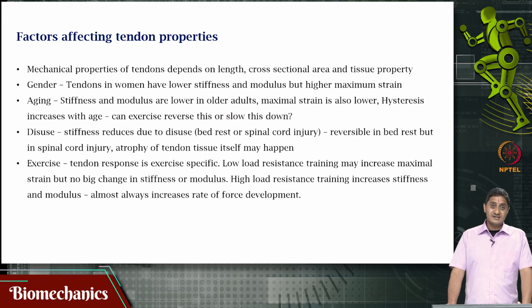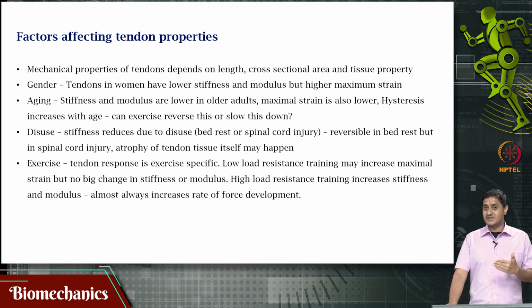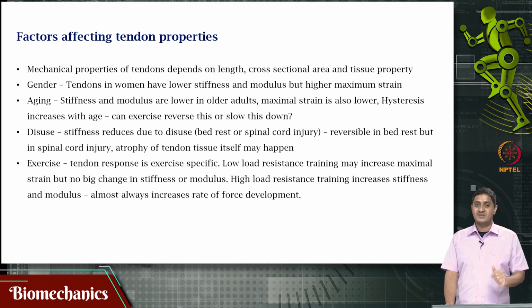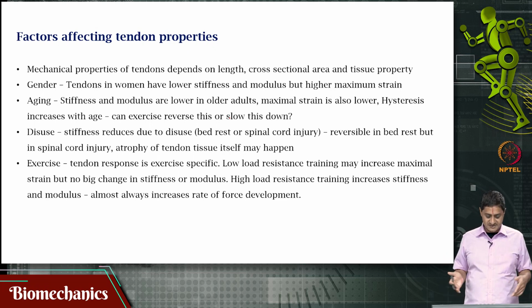The answer is yes. It turns out that people who exercise regularly show a lower amount of reduction with age. Even in older adults who do exercise, stiffness and modulus are lower when compared with younger adults, but they are not as low as that found in the group that does not exercise.